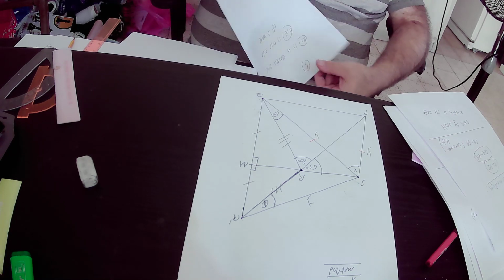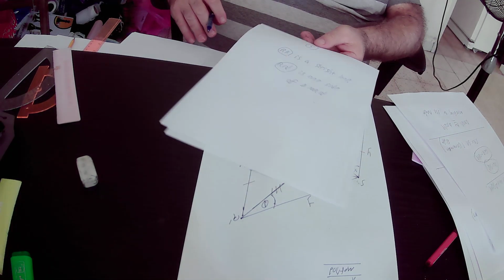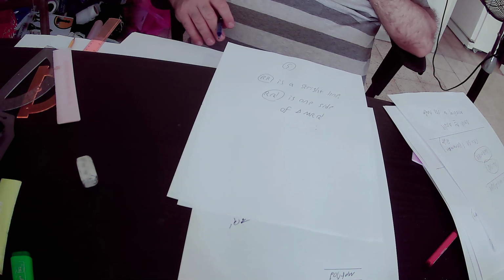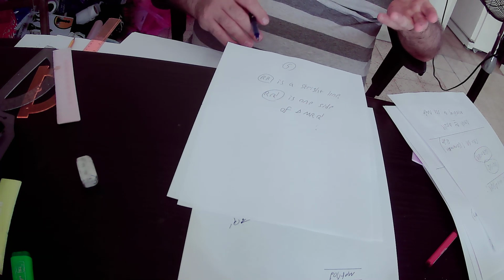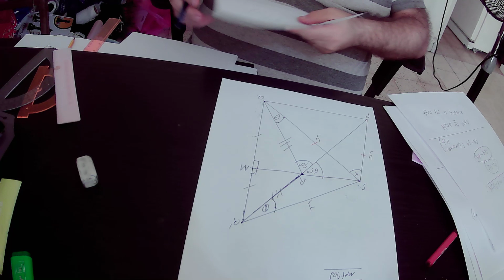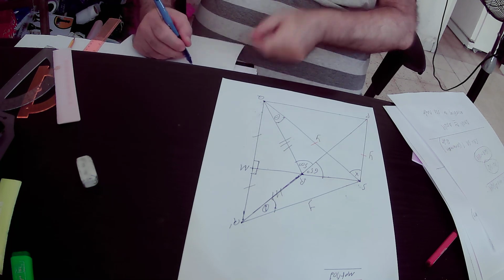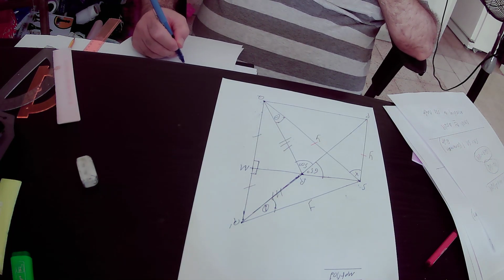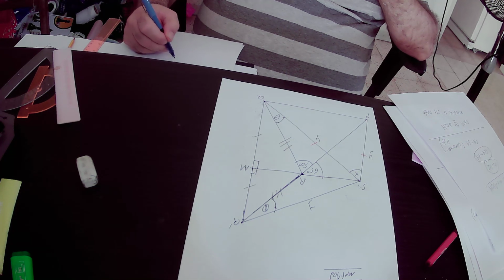Again, RQ dash is one side of triangle MRQ dash, therefore RQ dash is a straight line.